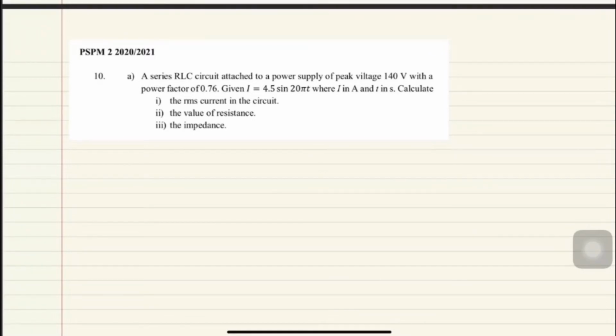Okay, given I equals to, okay, dia kasi equation. Kata ini adalah RLC, so no harm kalau kamu nak lukis circuit dia.